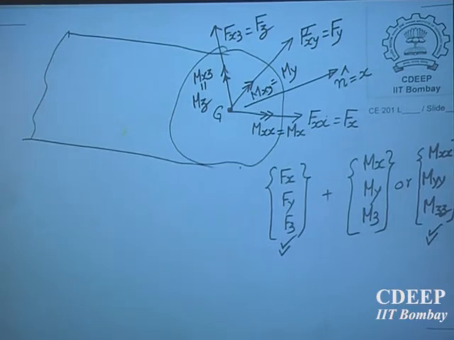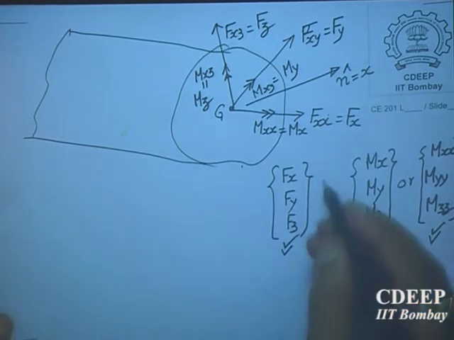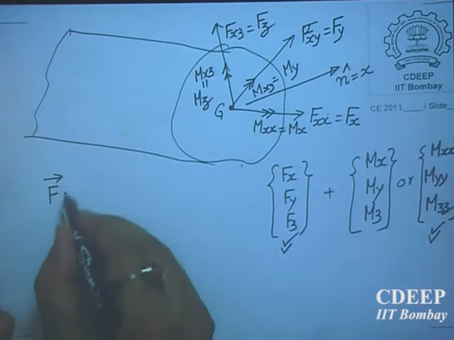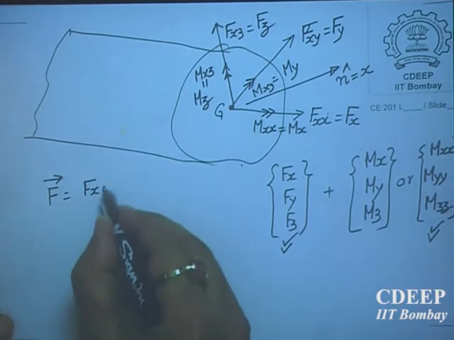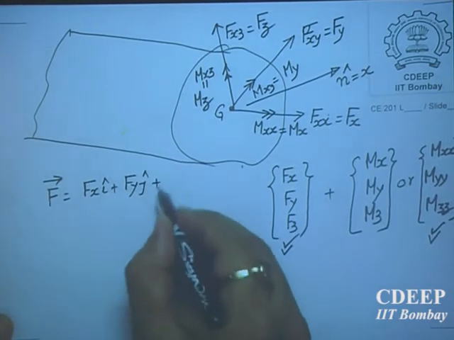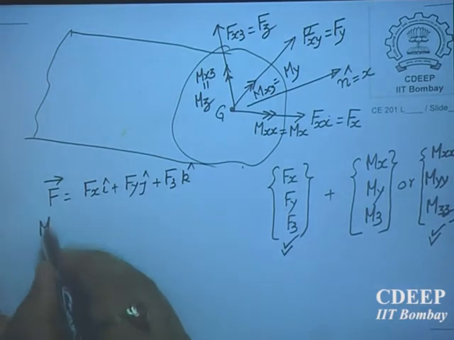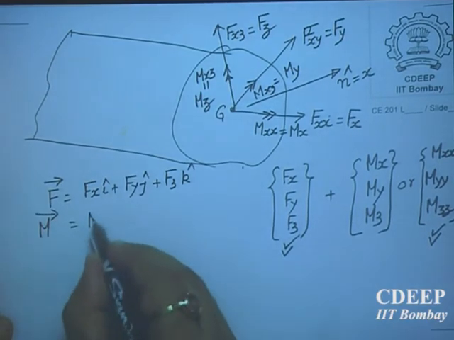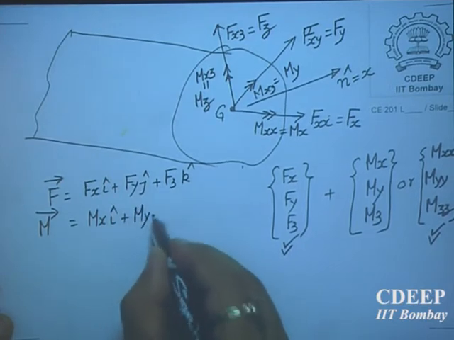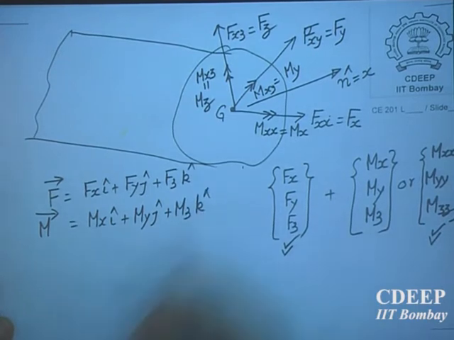Okay. So these six components of forces. In general, you have force F, Fx i, Fy j, Fz k, and similarly M can be written like this.